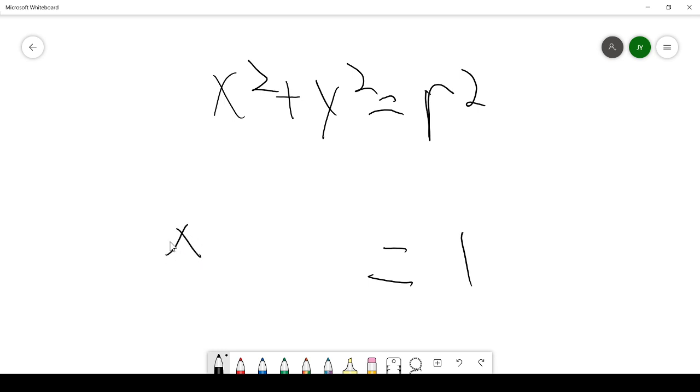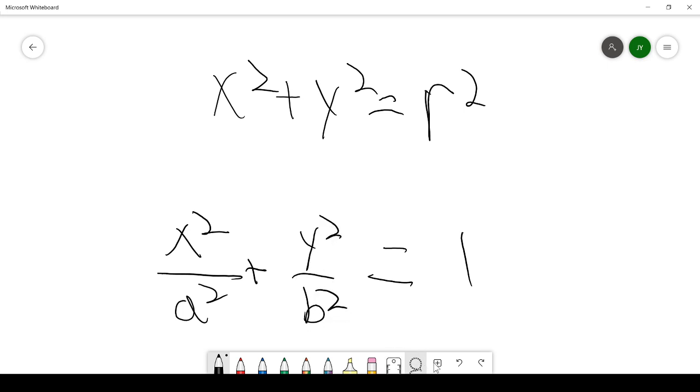And the equation looks something like x squared over a squared plus y squared over b squared equals 1. Now, what these A and B mean are essentially the points of the ellipse.